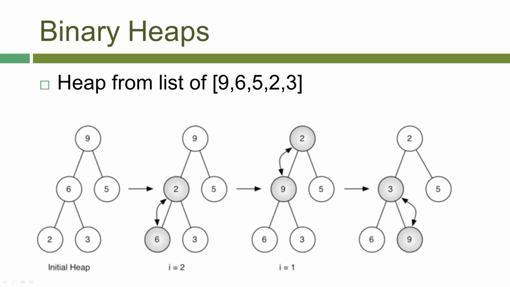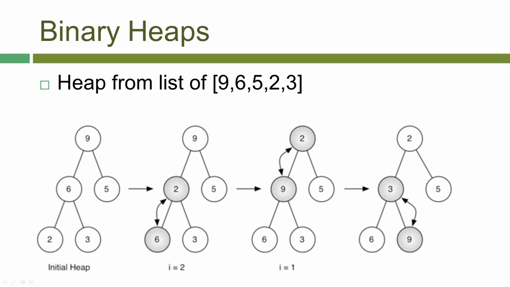Meaning we're checking here against 3 to continue pushing it down. So now that 9 has been moved to the lowest level of the tree, no further swapping can be done. And it's useful to compare the list representation of the series of swaps, as shown in this figure here, with the tree representation.